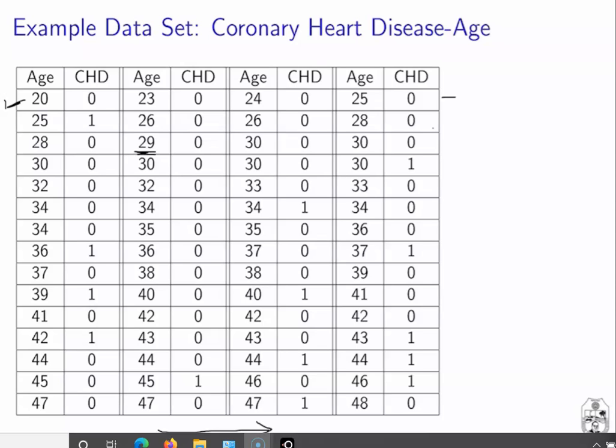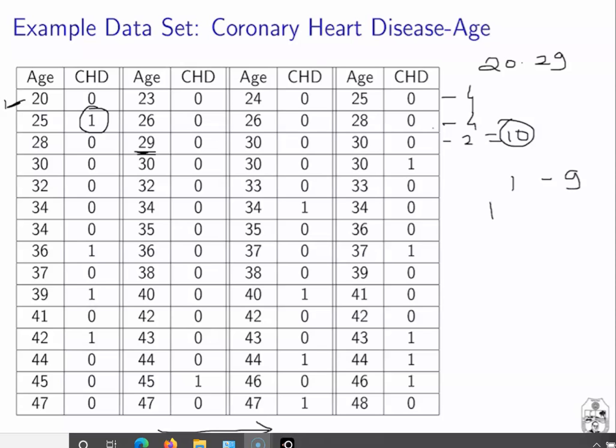On one row there are four records, on another row there are four records, and on the third row there are two records. So the number of records is 10 here. In the age group 20 to 29 there are 10 records, and out of these 10 records only one person is suffering from CHD. So one is suffering from CHD, and nine persons are not suffering from CHD.